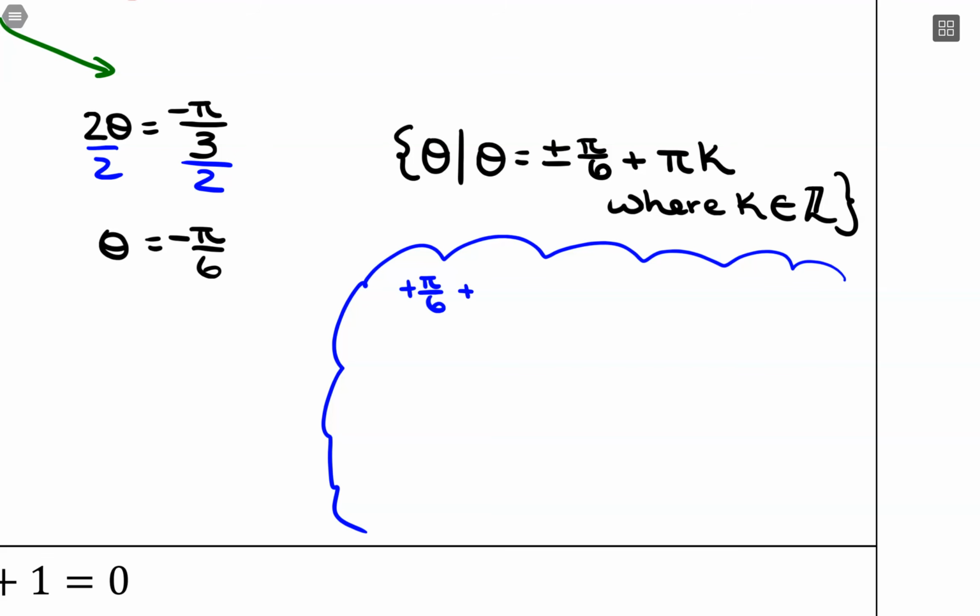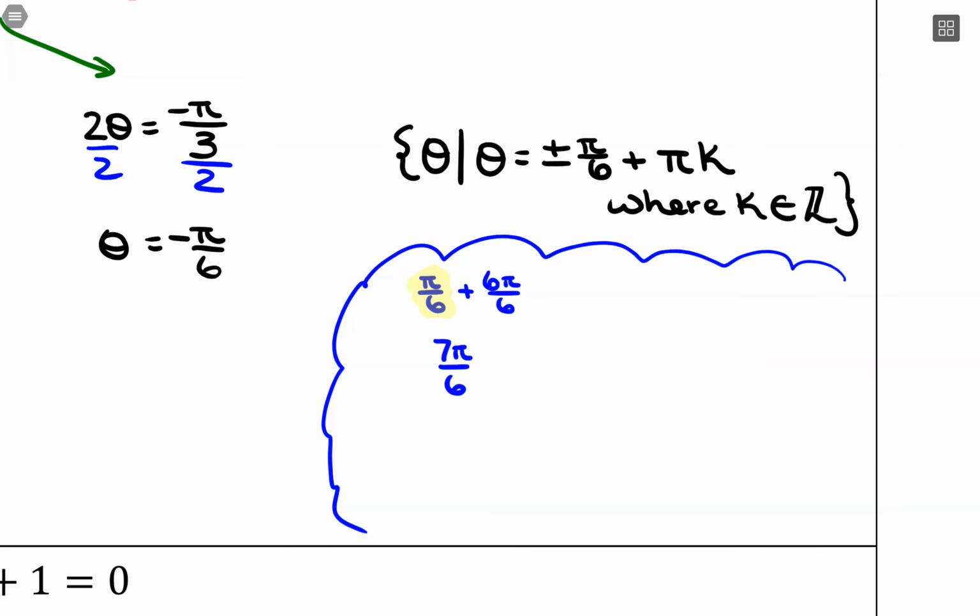So if I go plus pi, which is the same thing as 6 pi over 6, I can see some different solutions. With these, the denominator is always going to stay the same, but I'm thinking of this as 1 plus 6. So where I have pi over 6 as a possible solution, plus 6 would give me 7 pi over 6 as a possible solution.